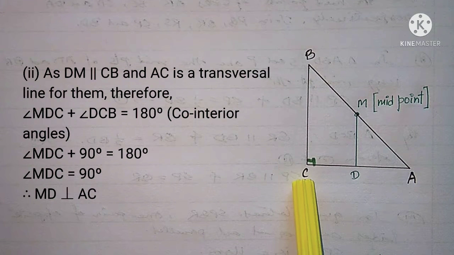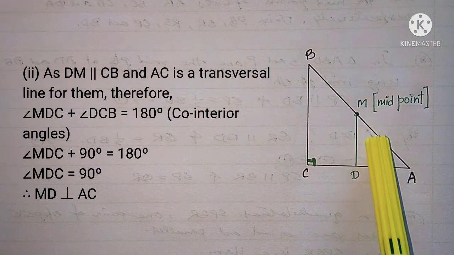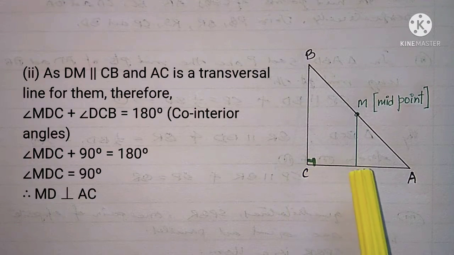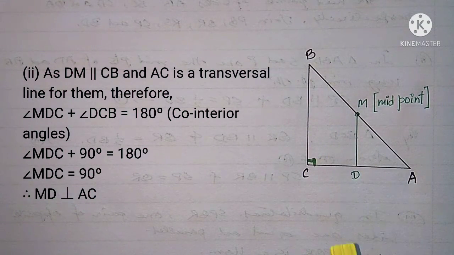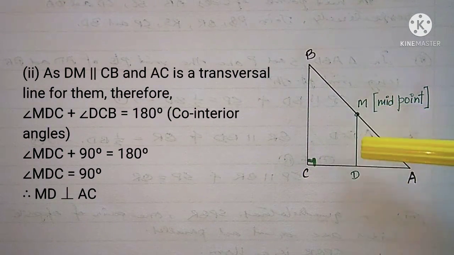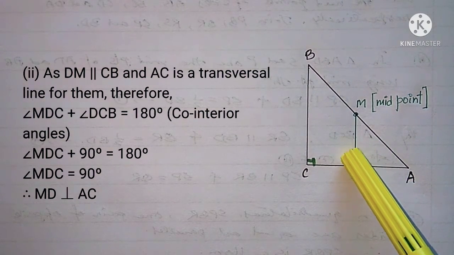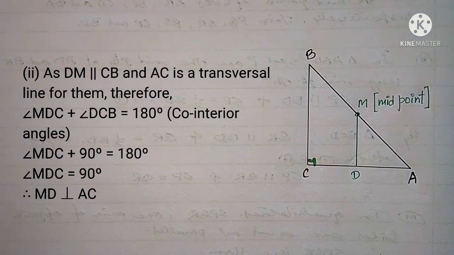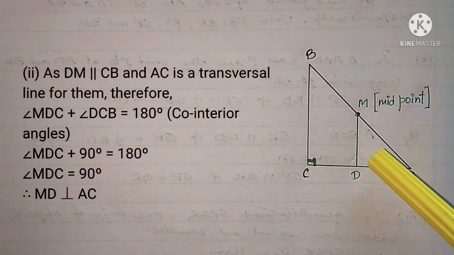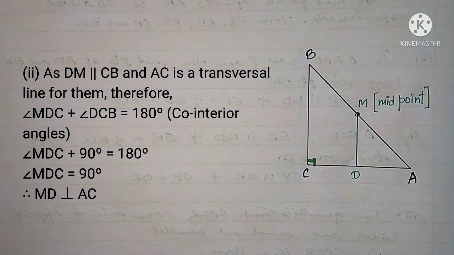So easily we can say MDC and DCB are the interior angles on the same side of the transversal, the co-interior angles.